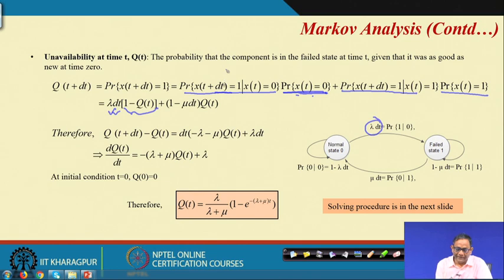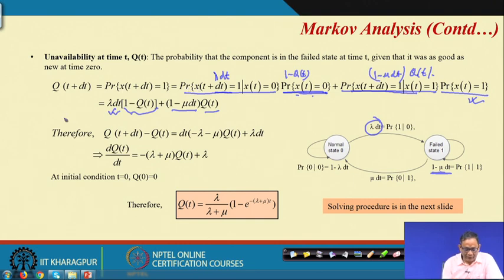So this one is lambda dt, this one is 1 minus q t. Then for x t equals 1 given that it was 1, it is 1 minus mu dt. What will be the multiplication? It is the failed probability q t. So that is what is written here, 1 minus mu dt.